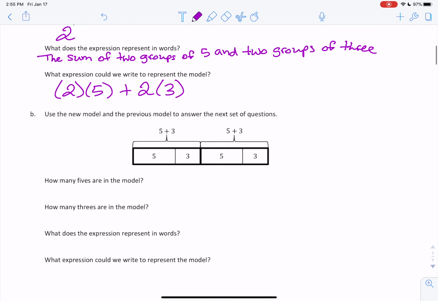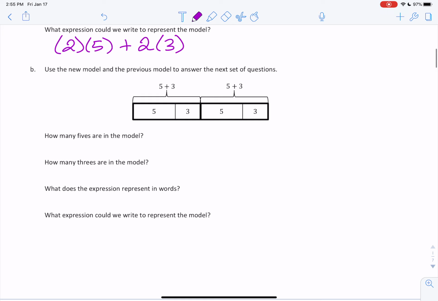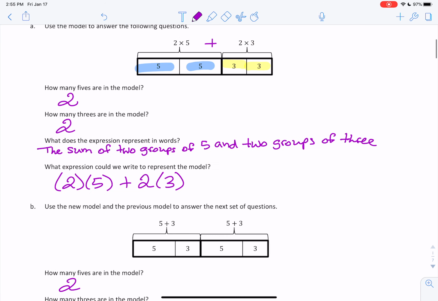Part B, use the new model and the previous model to answer the next set of questions. How many 5s are in the model? Well, once again, we have 2 5s. How many 3s are in the model? Once again, we have 2 3s. What does the expression represent in words? So you'll notice in the first model, it was 2 times 5 plus 2 times 3.